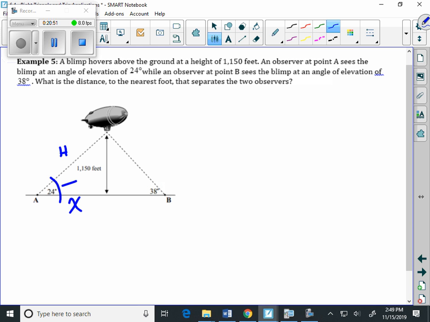Across from the 24 is our opposite. And then that means our x is the adjacent. And once again, we know the opposite. We want to find the adjacent. So we need to figure out the value of x using the tangent function.